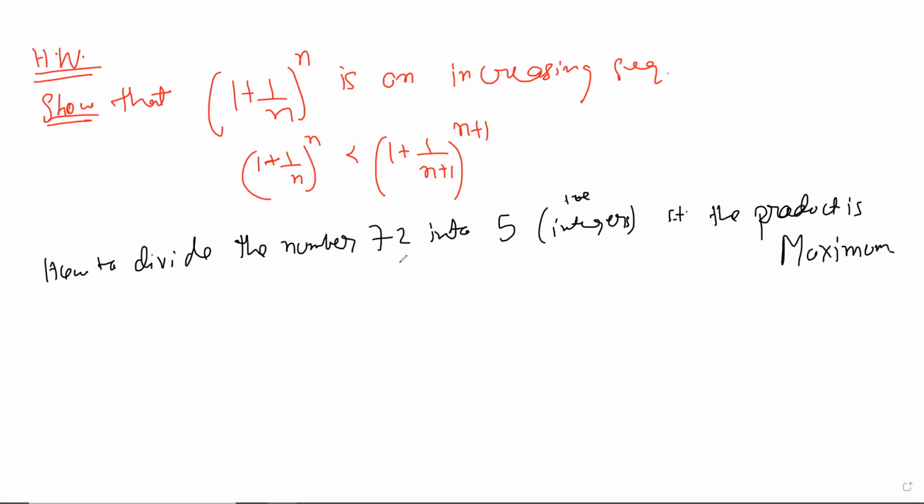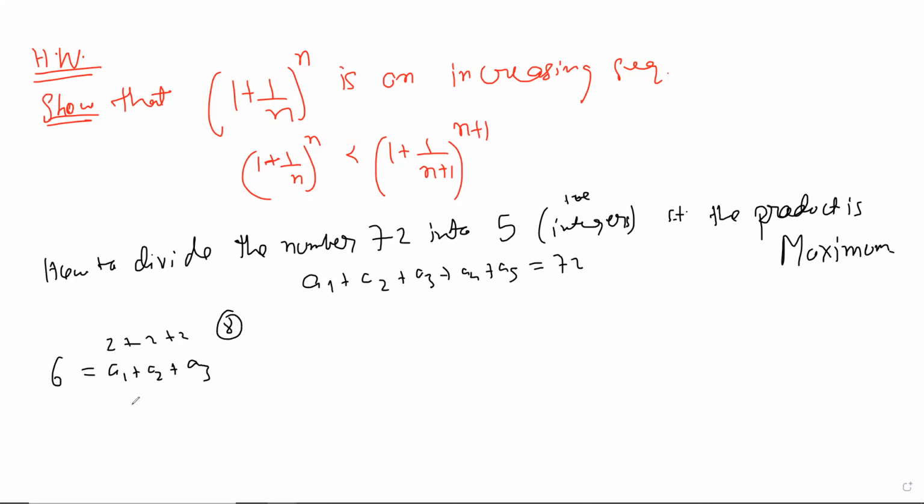So you want to break it into 5 parts: A1, A2, A3, A4, A5, in such a way that the product becomes as big as possible. Just to give an example, if I take the number 6 and want to divide it into 3 parts, how should I divide so that the product becomes maximum? Obviously 2 plus 2 plus 2, and the product becomes 8.